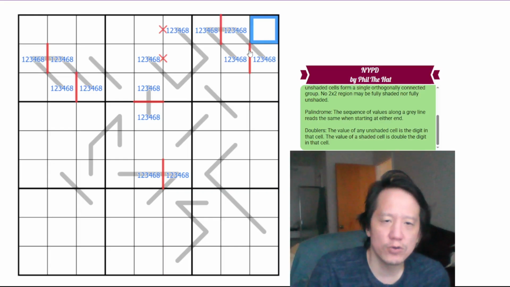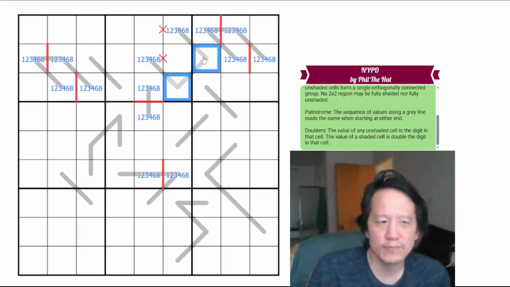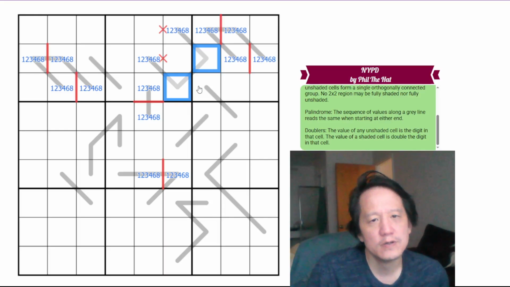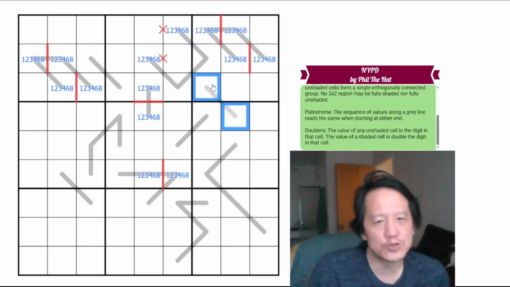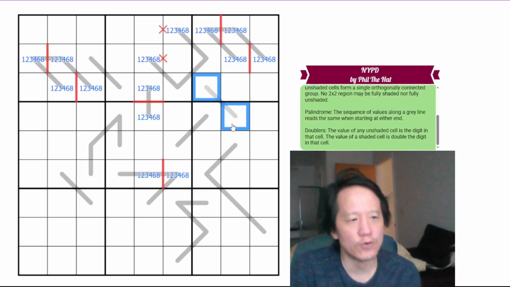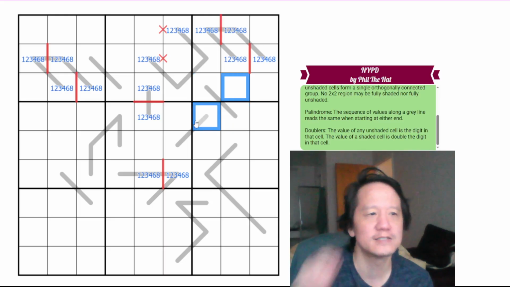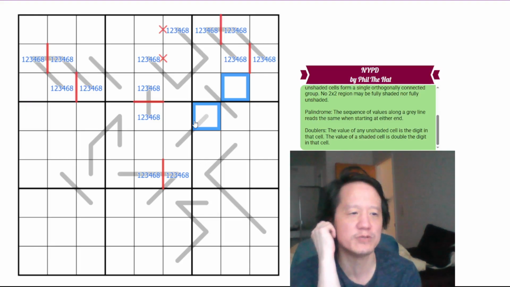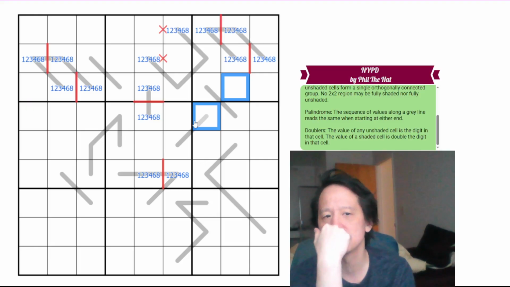So with these diagonal cross box lines or part palindromes, they force a natural situation where they both have to be the same shading, right? If they are not double of one another. Therefore, the other two cells, one has to be shaded and the other one has to be unshaded if that's the case.